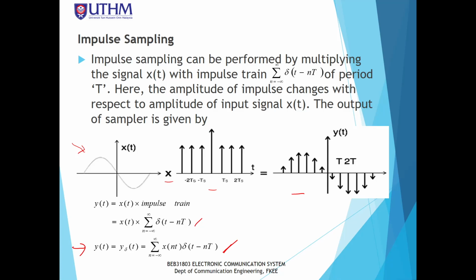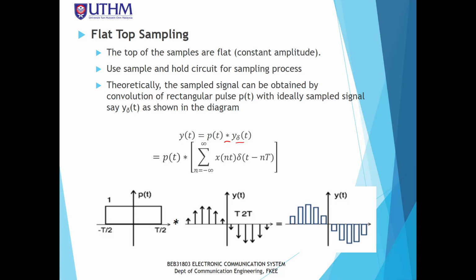And from here, we do the convolution with the rectangular pulse train p(t), and we are going to get the flat top PAM signal. So we produce a flat top sample at the output, and you see that the top of the sample is flat. That's why it is called flat top sampling.